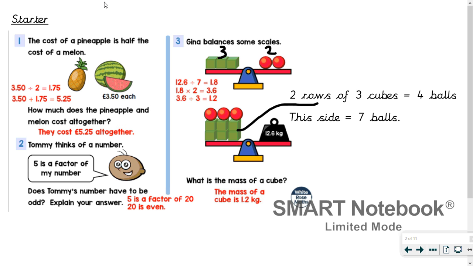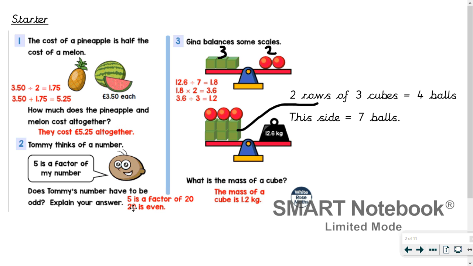So they're all odd. But there are loads of answers you can get that disprove this. So 5 is a factor of 20, 5 times 4. 5 is a factor of 10, 5 times 2. Okay, so just because it's got a factor of 5 doesn't mean it has to be odd. So there are loads of examples you could use to disprove it.